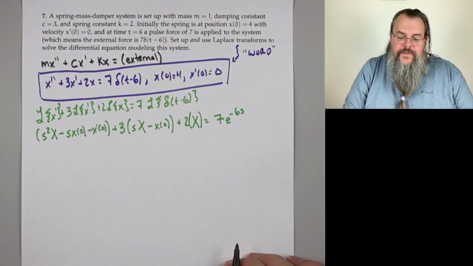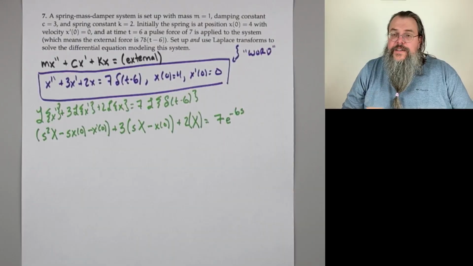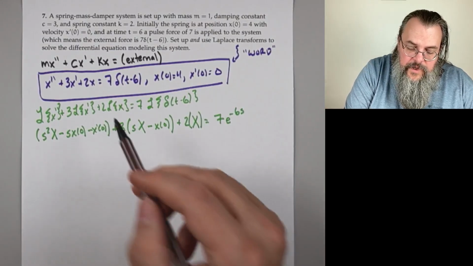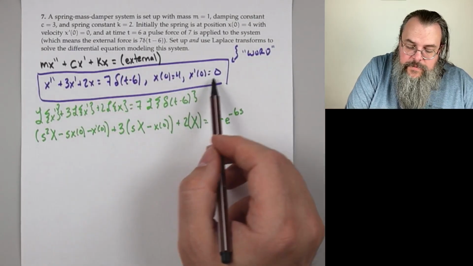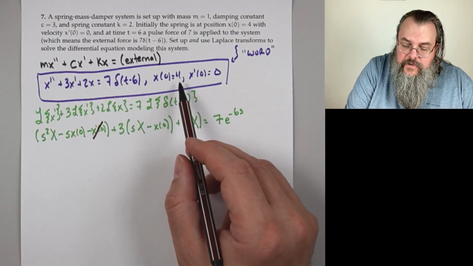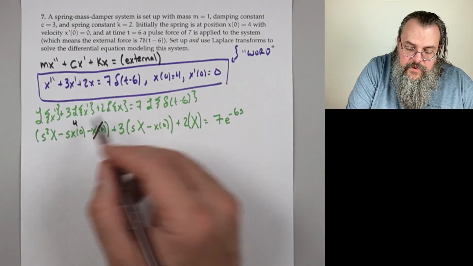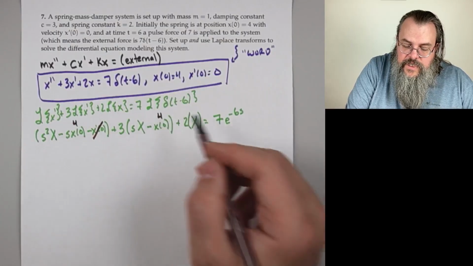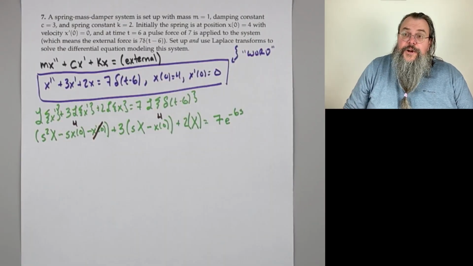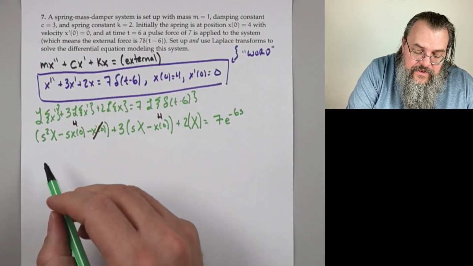All right, so we now start cleaning up, which means a few things. We first off plug in what we know. For example, x prime 0 equals 0. That's good. X of 0 is 4. All right, so we put 4s here, and we'll just keep track of those. And now we're going to gather. What has the x's?